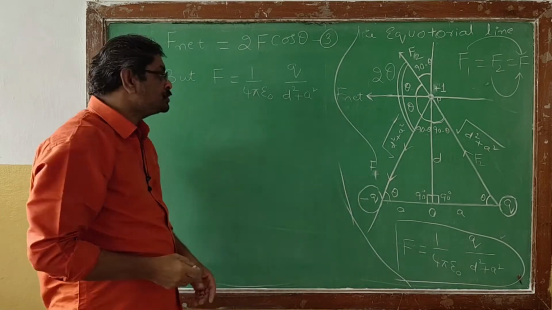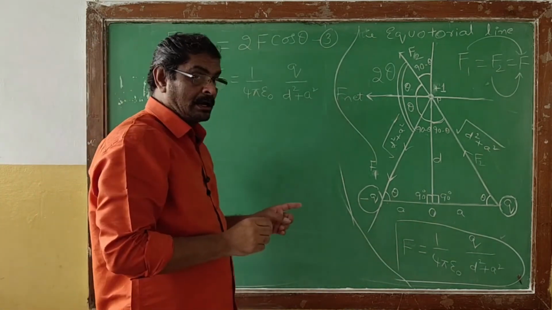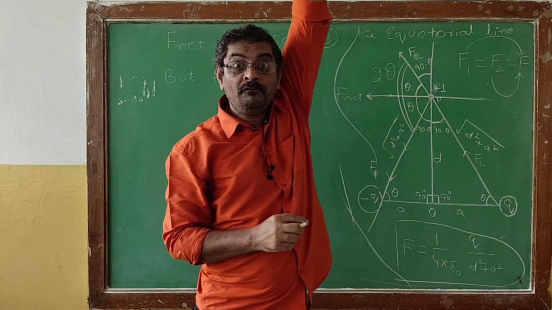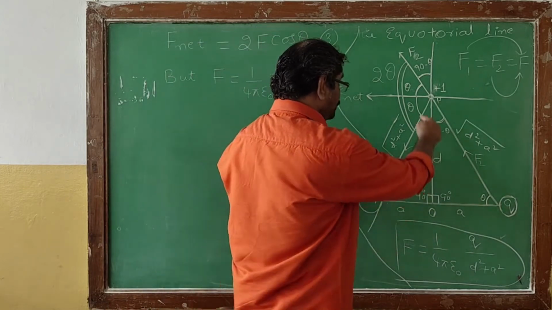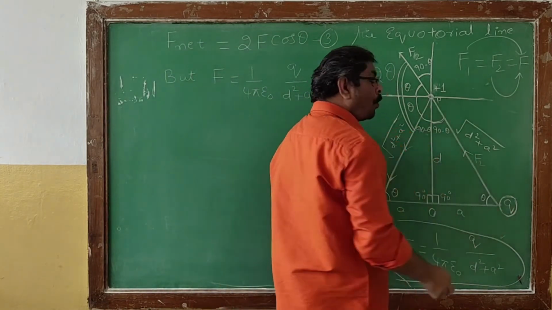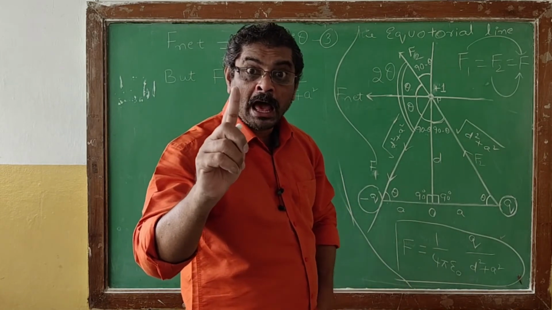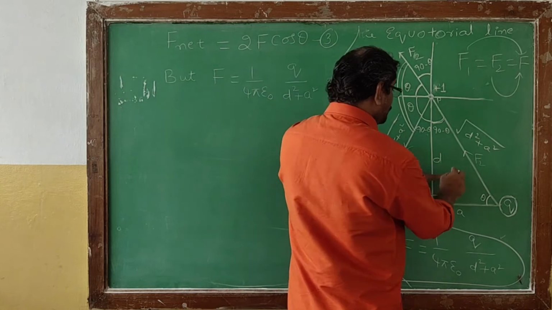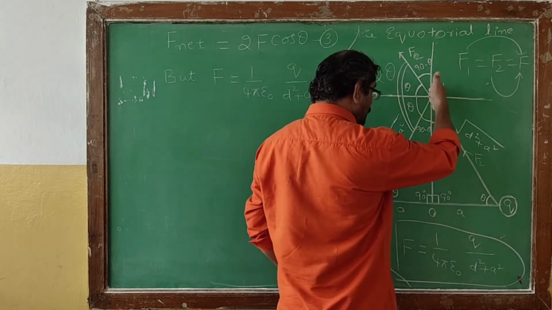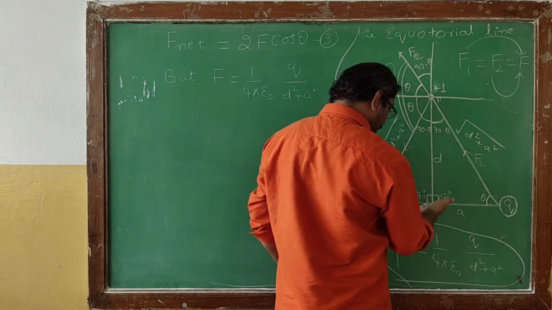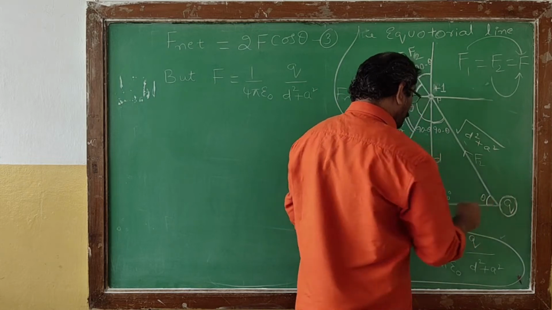Now similarly, can anybody tell me what will be the value of cos theta from any one of the triangles? So I can find the value of cos theta from this triangle. Now in this triangle, this will be opposite, this will be adjacent, this will be hypotenuse.